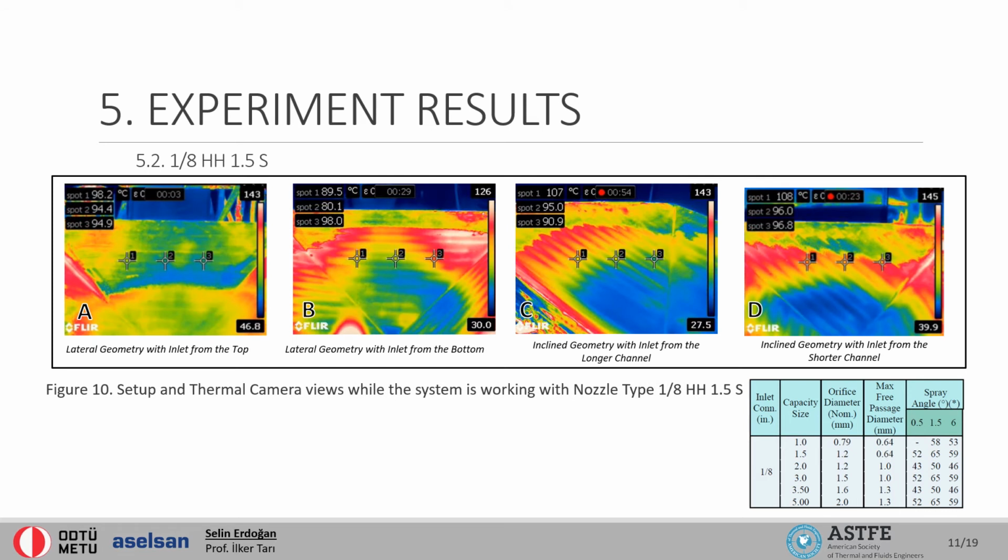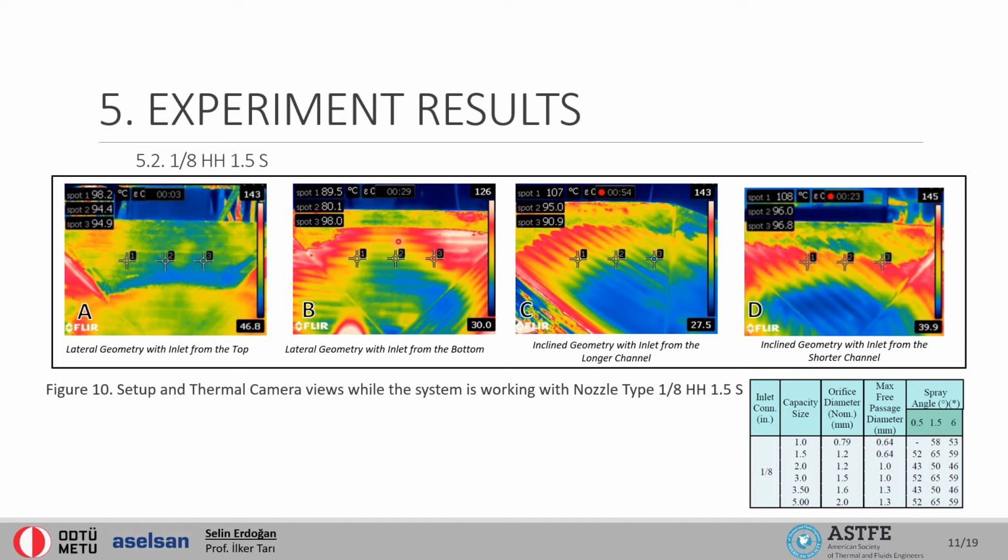With the second nozzle in the table, the volumetric flow rate is 1.5 liters per minute and the spraying angle is 59 degrees, which is greater than the angle for the previous nozzle. A higher angle leads to a higher fluid boundary location. Here you can see the fluid boundary location, and you can conclude that it has a high altitude.